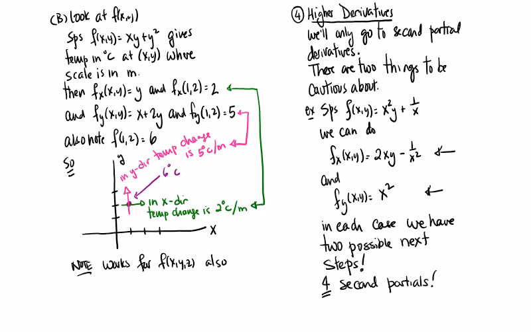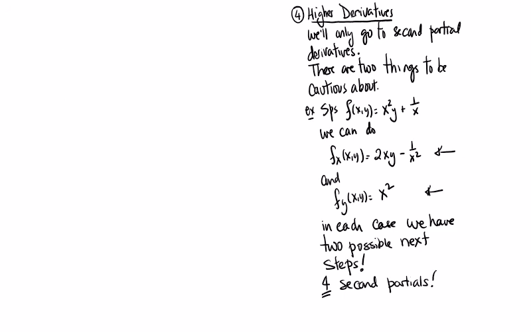So let me do all of those. Let me clear the left-hand side. I'll leave the right-hand side, and we'll work through all of those. So here are the possibilities. From this f sub x that we did, once we've done that, we can do x again.